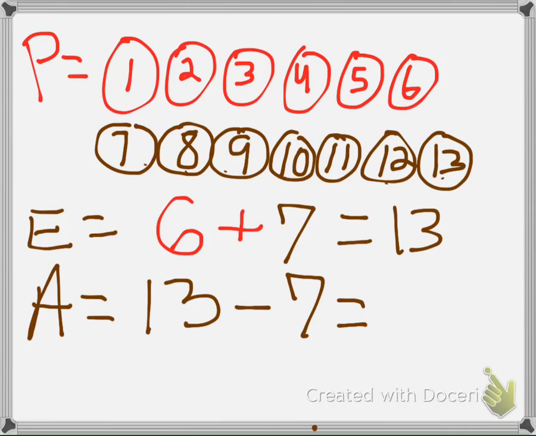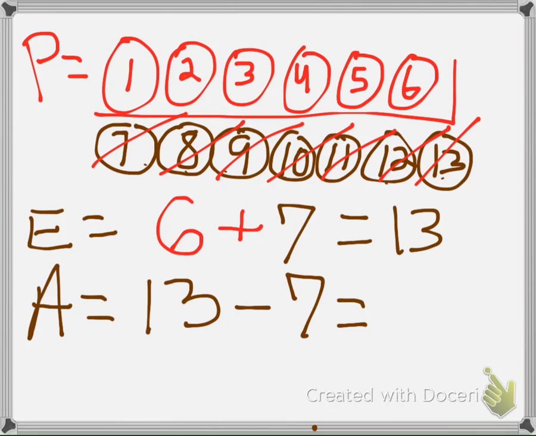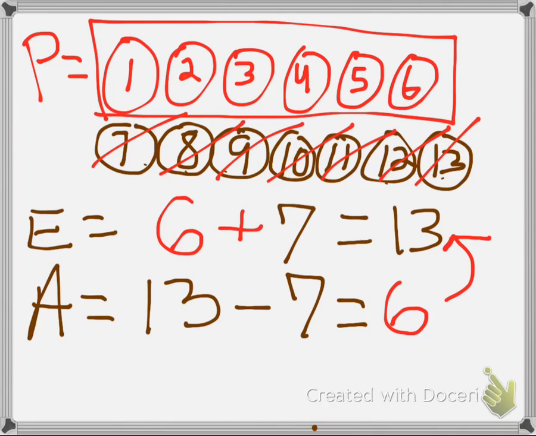So if I take 13 and I take away 7, I go like this: 1, 2, 3, 4, 5, 6, 7, and guess what I have left? 6. And that was the original number of cookies. So now I can prove that this equation is correct.